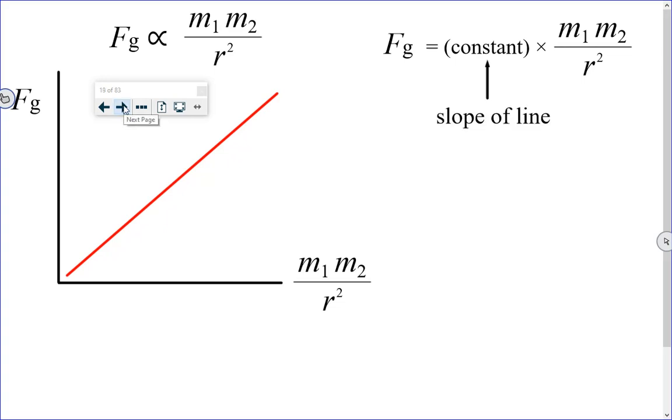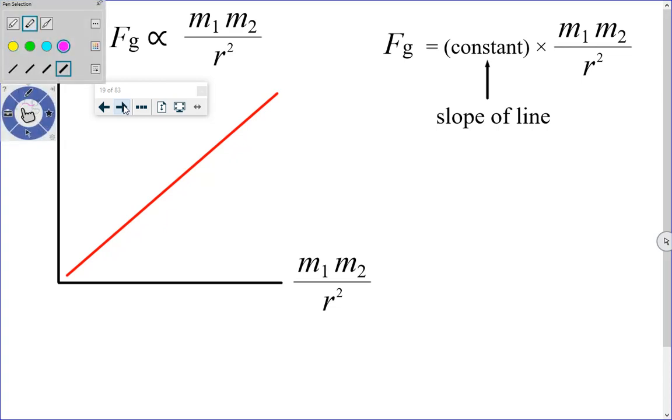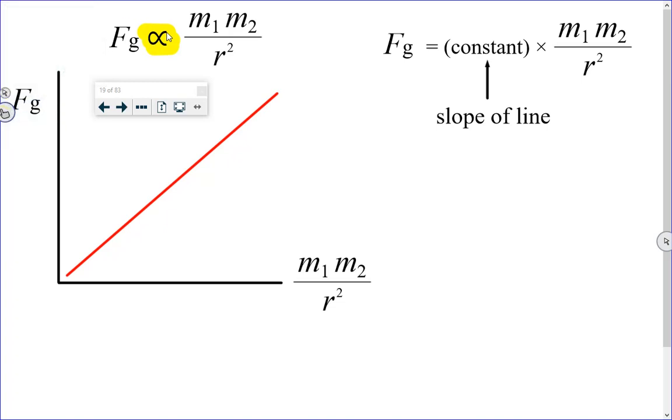And that constant in the equation is going to be the slope of the line. I really want to stress that we go from having a proportionality, which is really not that useful in science, to an equation which is very useful.